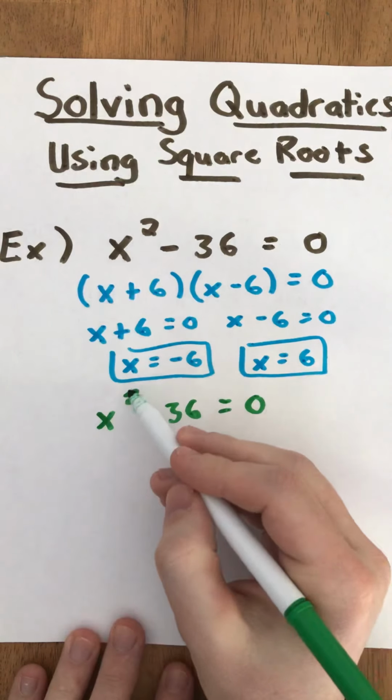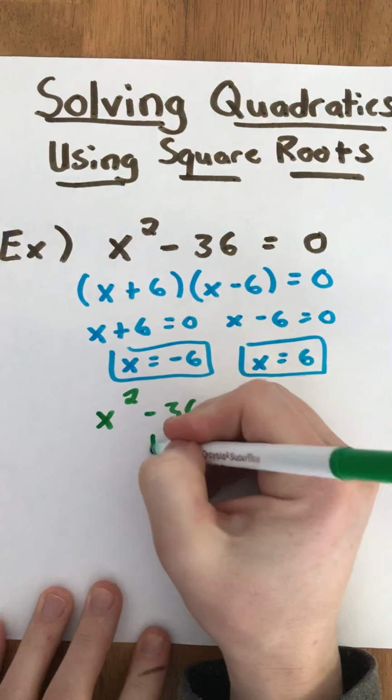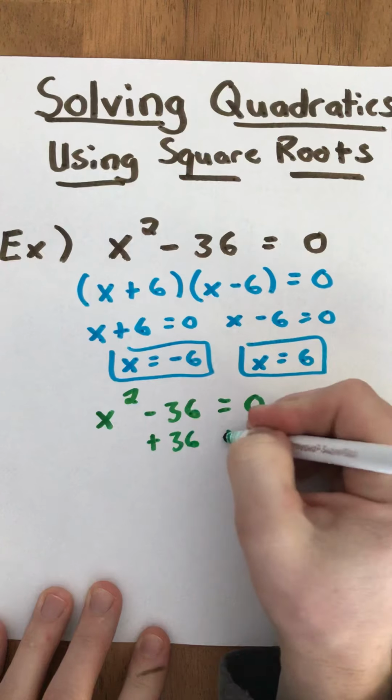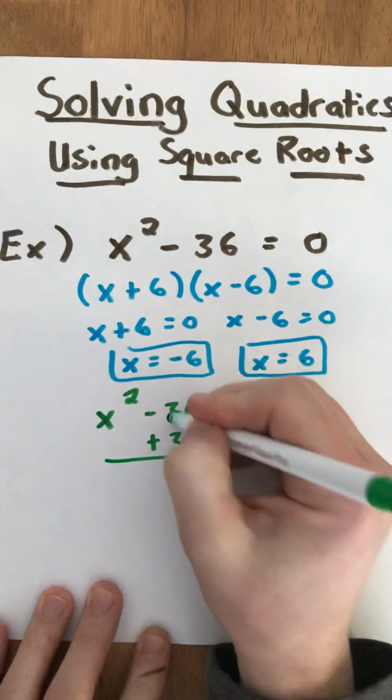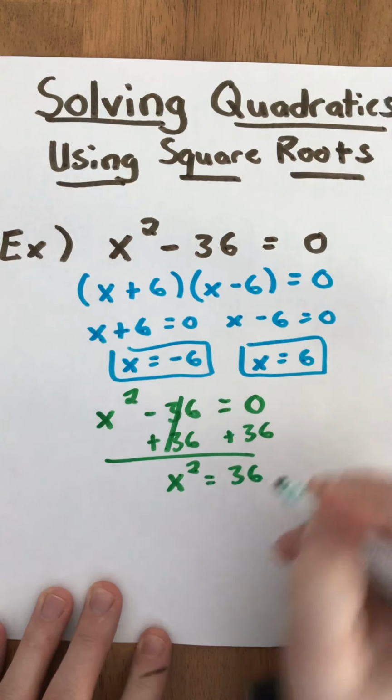We can do that because we only have one x here. Once you start dealing with multiple x's, that becomes more difficult when we can't combine them. But here, I can simply add 36 to both sides. I get x squared is equal to 36.